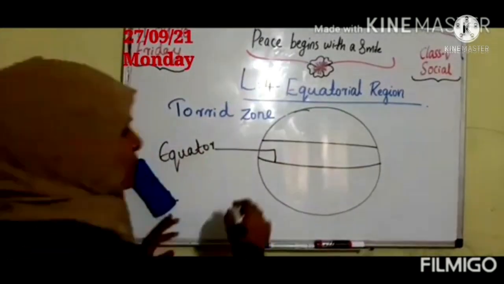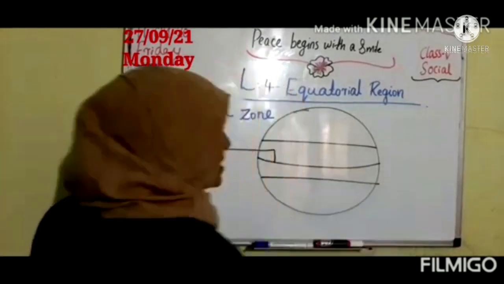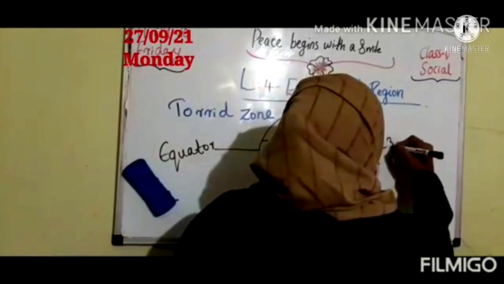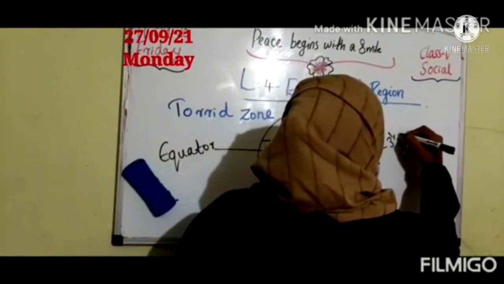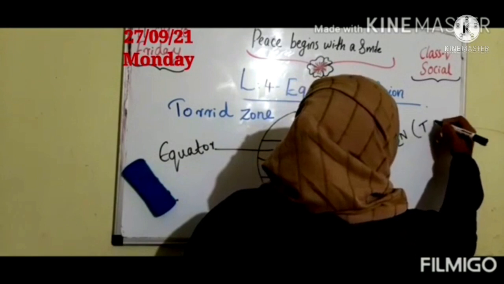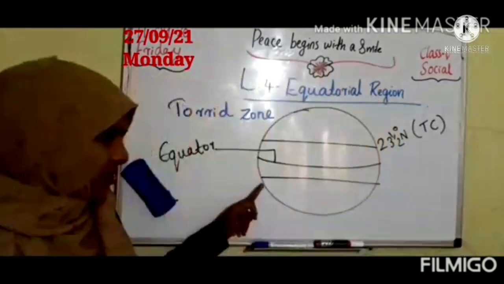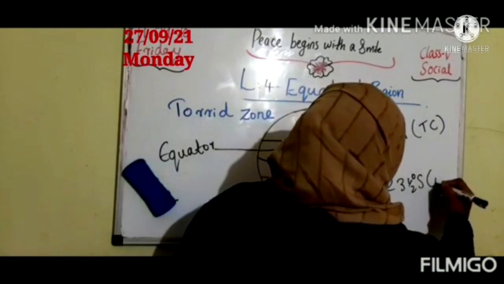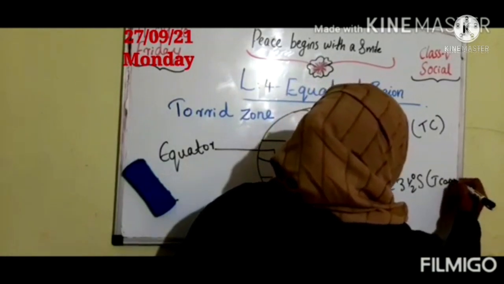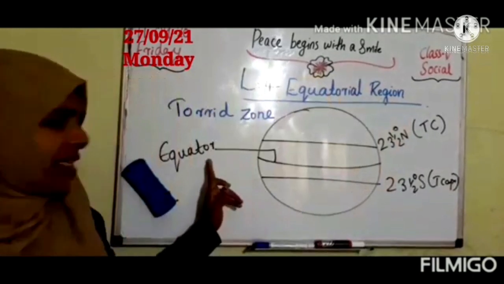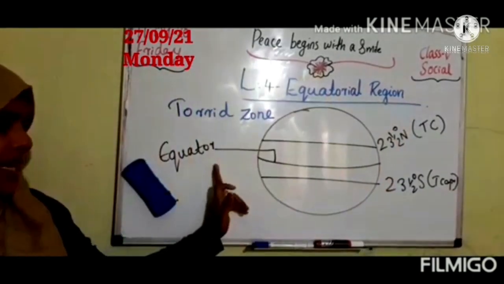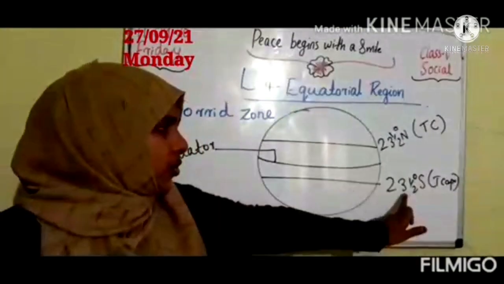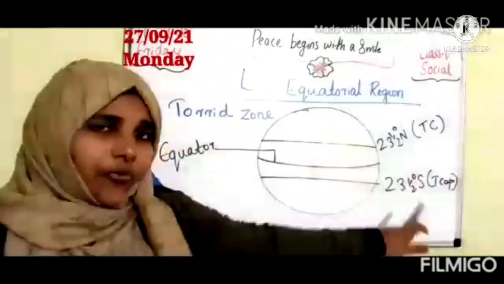This equator lies between the Tropic of Cancer, at an angle of 23 and a half degrees north, and the Tropic of Capricorn, 23 and a half degrees south.